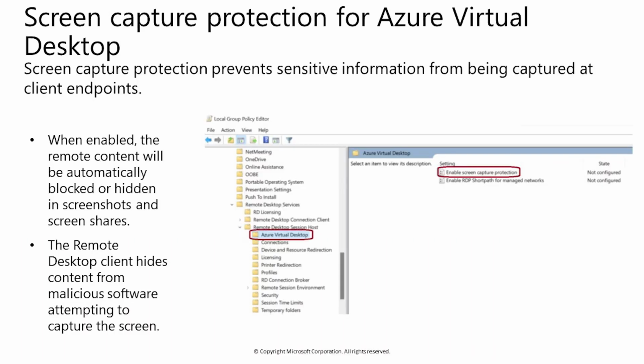Before we talk about how exactly it can be set up, let me quickly give you a brief about what exactly screen capture protection is. It is a really good feature with the help of which you can prevent sensitive information from being captured.